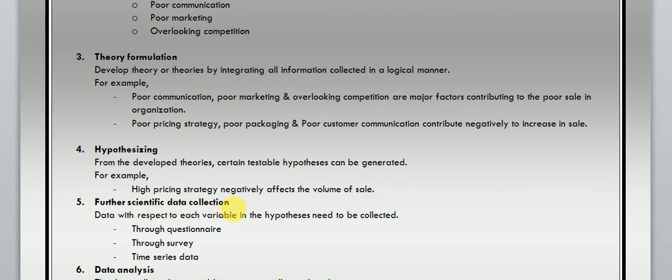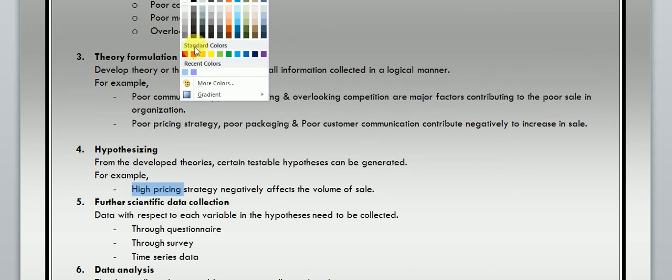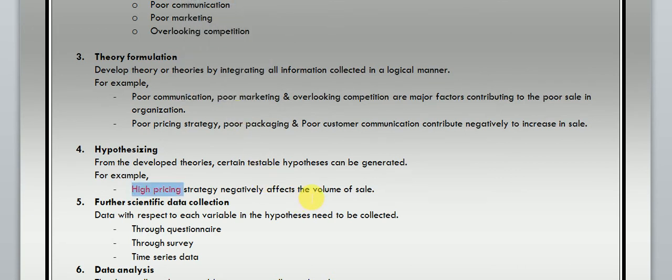It means we are collecting data particularly on this hypothesis and the variables in it. In this hypothesis we have two variables. One is high pricing, for example, and another is volume of sale.